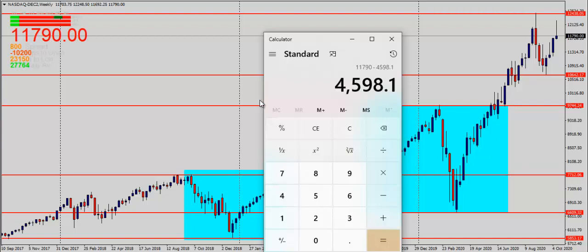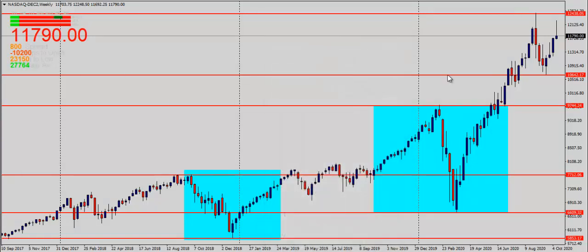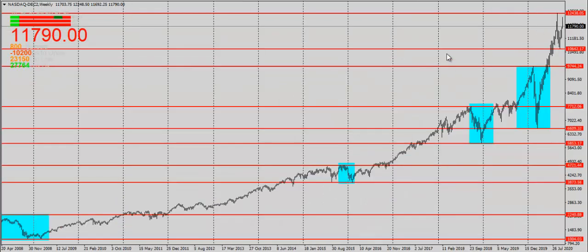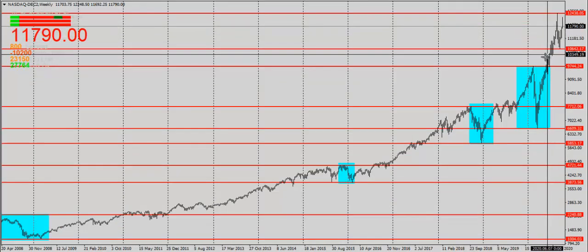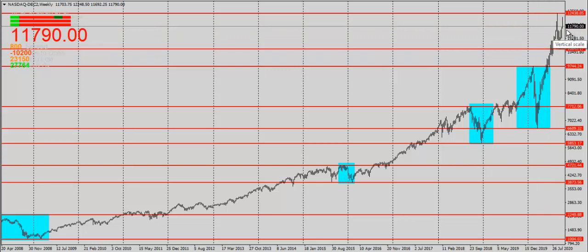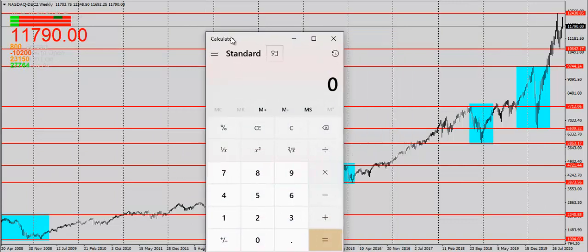So yeah, that's the number, 4,598. So we are going south as per this calculation. So 11,790 minus 39%, which is showing not a decent figure. Am I calculating right? I'm not sure.